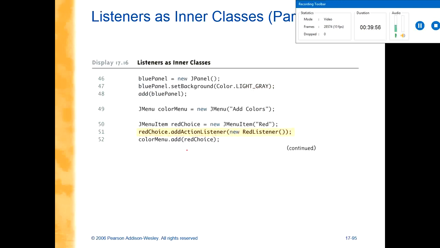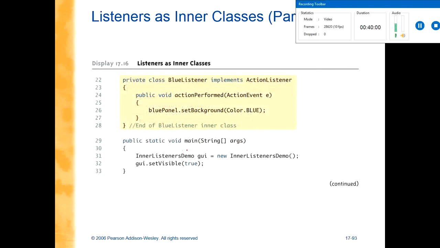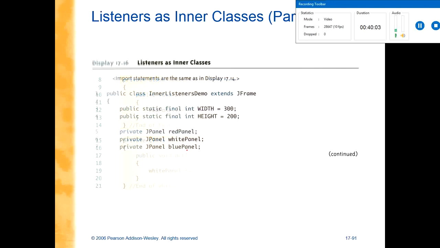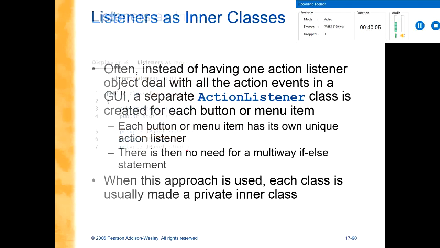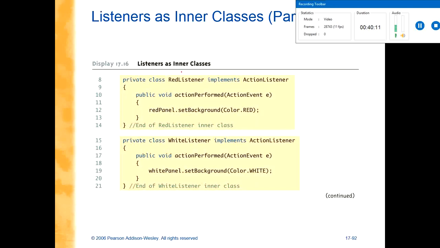So we have the same program of the menu item which we just did. Now what we have done over here, if you see here, import statements are the same. We have the panels, red panel, white panel and blue panel, and height and width. Now private class red listener implements action listener. So we are making it an inner class for the action performed, instead of having only one action performed method consisting of the if then else statements.